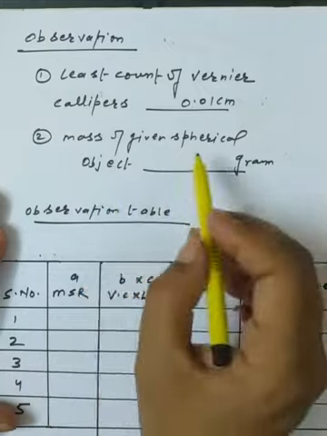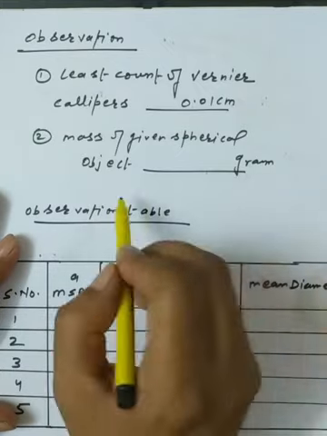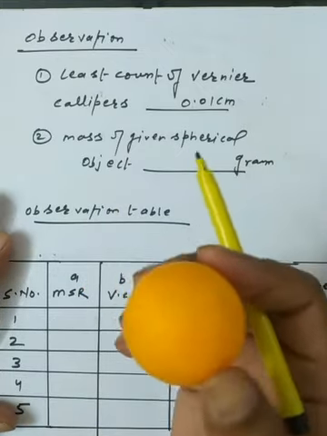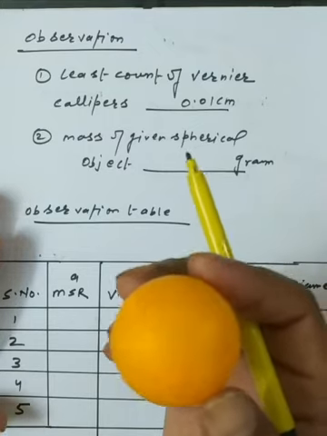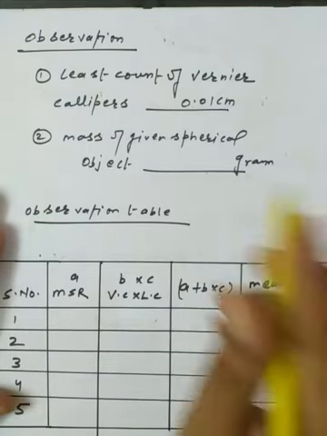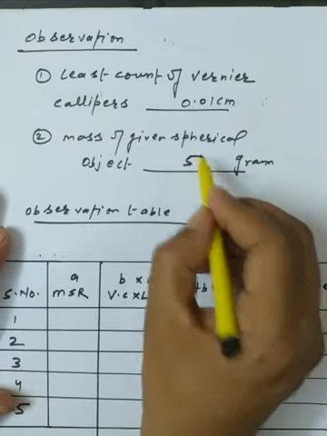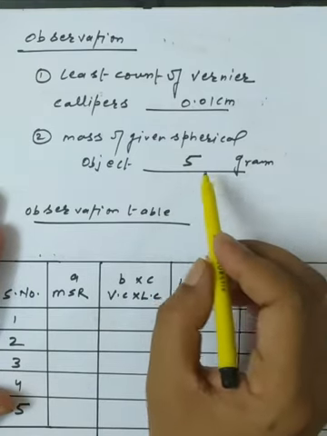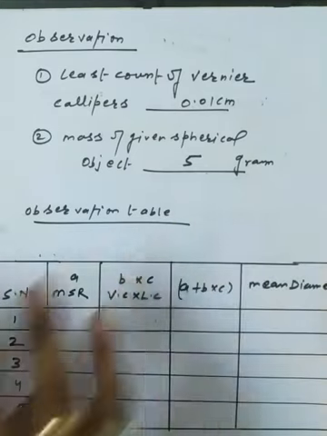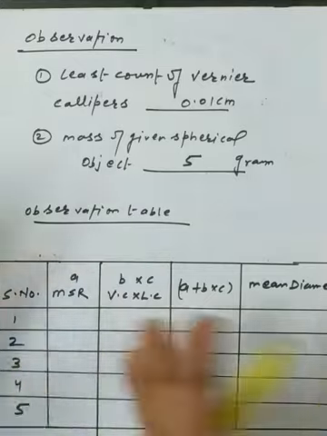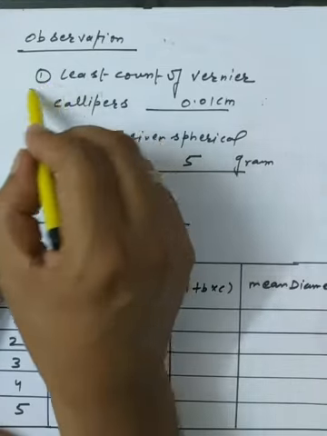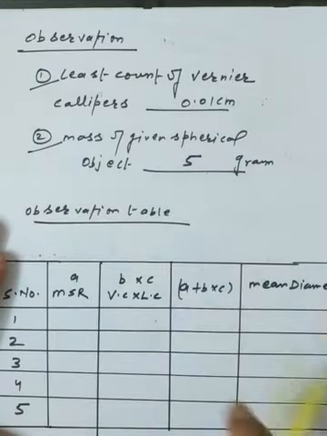Now the mass of the given spherical object. We will measure the mass of this ball with the help of the physical balance. Suppose this comes about 5 gram. So I have just mentioned it here. The measurement is not coming directly, so these measurements can be listed in the observation.